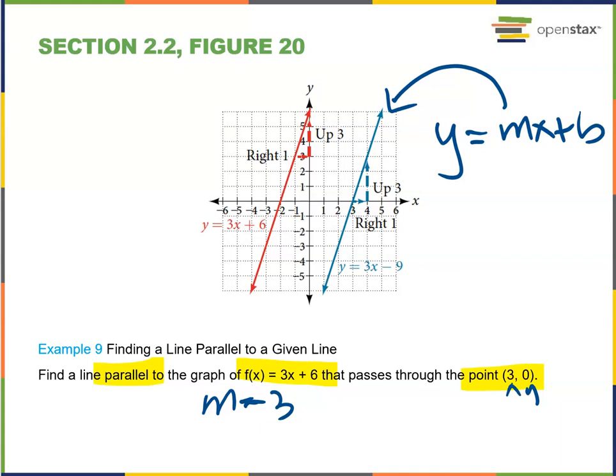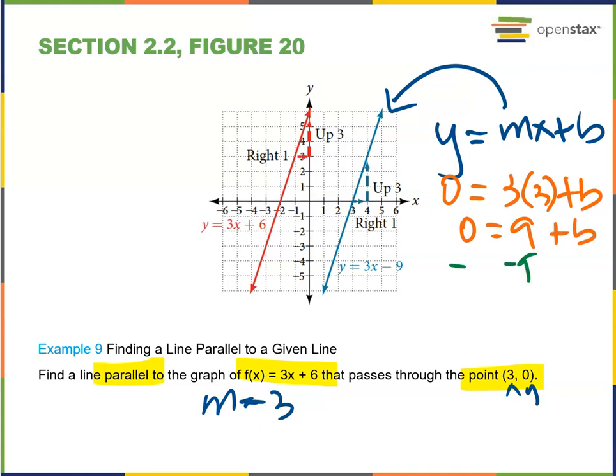So let's substitute: y is 0, m is 3, x is 3, plus b. So 3 times 3 is 9. If you subtract 9 from both sides, b is negative 9.